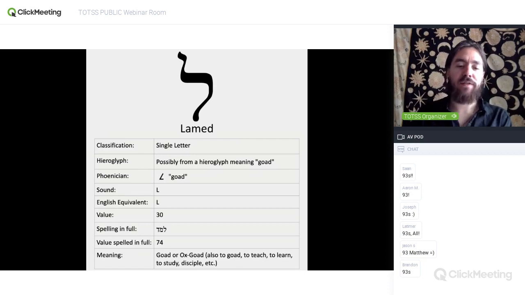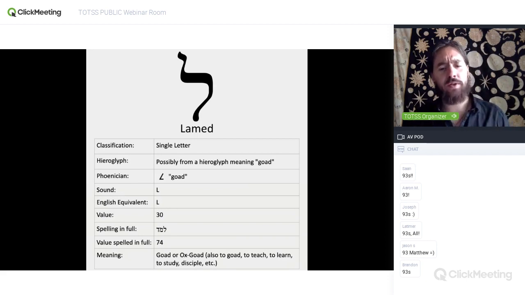Now, as a hieroglyph, it means goad, or actually as a word, this Hebrew word lamed does mean goad. It's often specifically given as ox goad. Now, there are different forms of it, sometimes more like a crook, sometimes a stick with a point at the end, something used to goad or to move cattle, especially oxen, around.